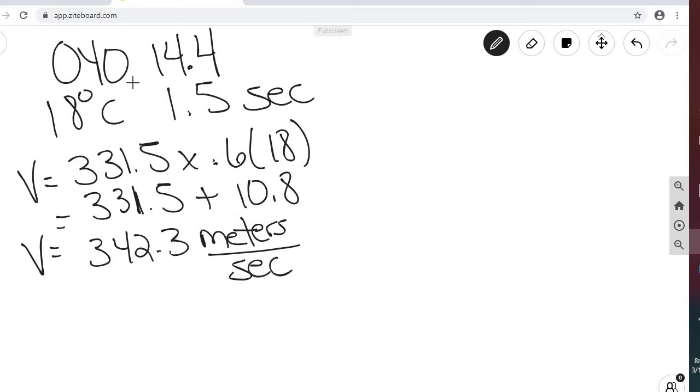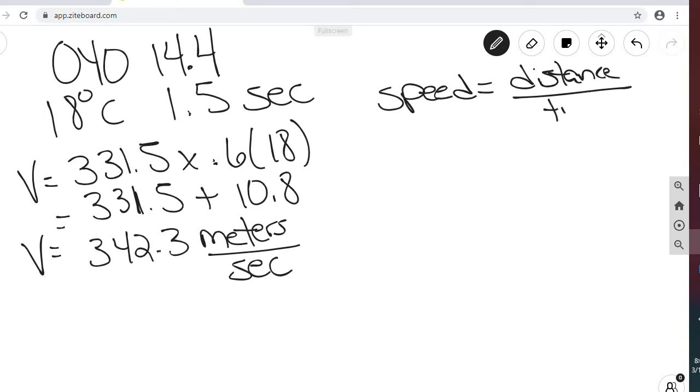Okay, then we said that speed is equal to distance divided by time. So speed times time is equal to distance.